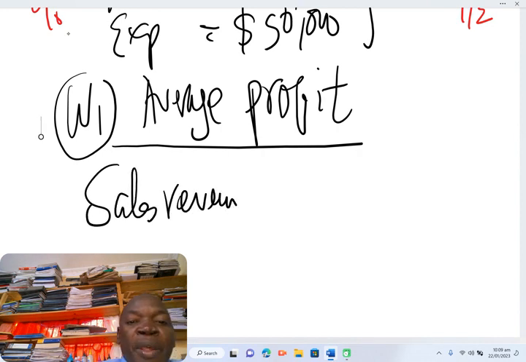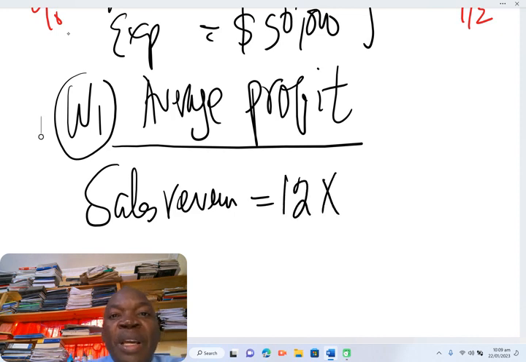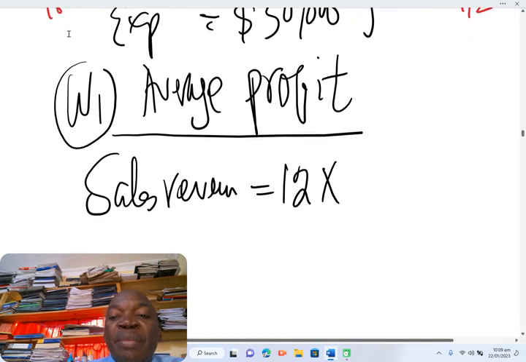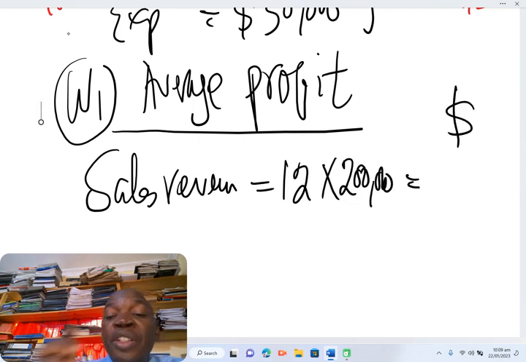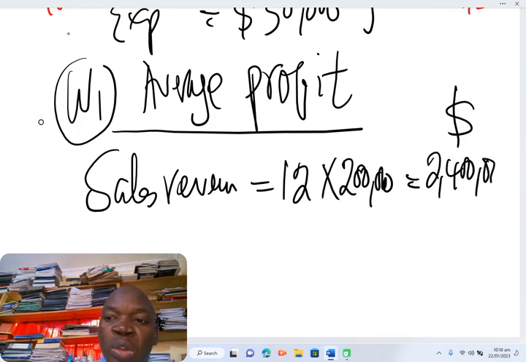Sales revenue for 12 years: you multiply the 200 by 12, which is 2400.